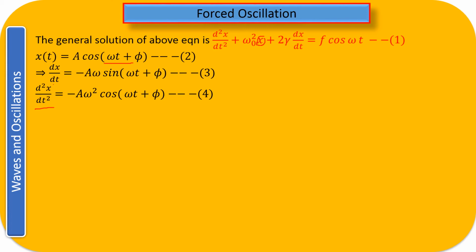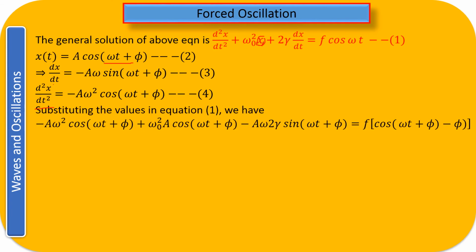Now you substitute all these values: the value of x, the value of dx upon dt, and the value of d square x upon dt square in your equation 1. But on the right hand side of equation 1, I have added phi and subtracted phi inside the cosine, so you should not have any problem.